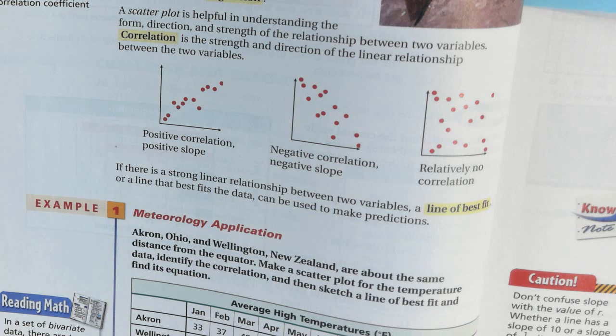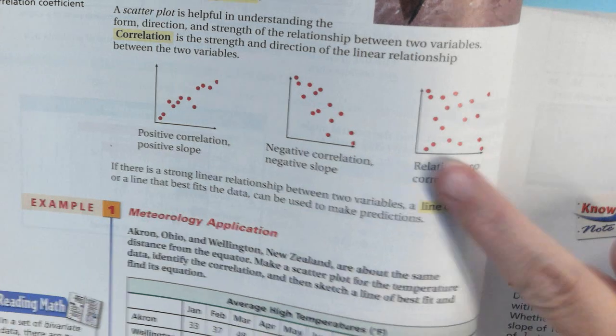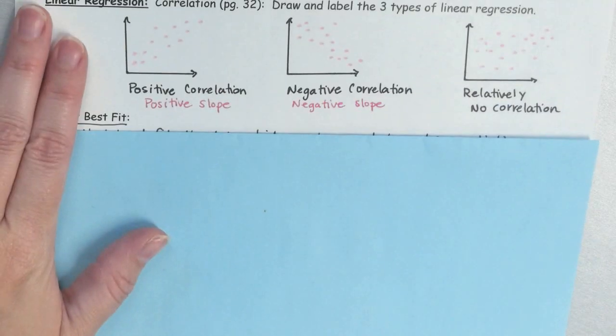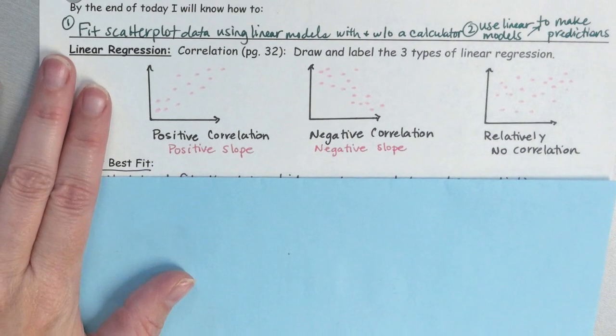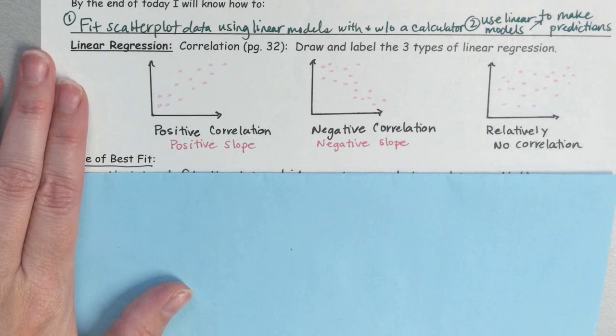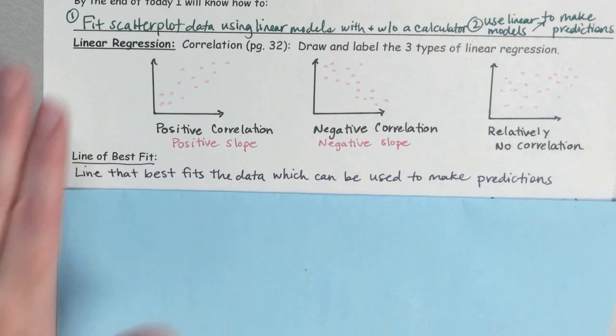What we do try to do is find a line of best fit. If you have relatively no correlation, then you won't be able to find a line that is strongly related to the data. So we're going to draw those out: the positive correlation, the negative correlation, and relatively no correlation.